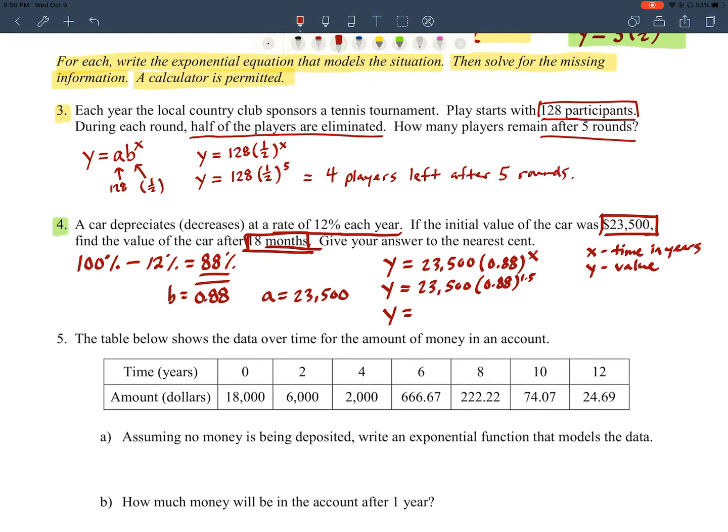And I get there $19,399.56. That's how much our car would be worth after 18 months or a year and a half. So that is the answer that we're looking for number 4.